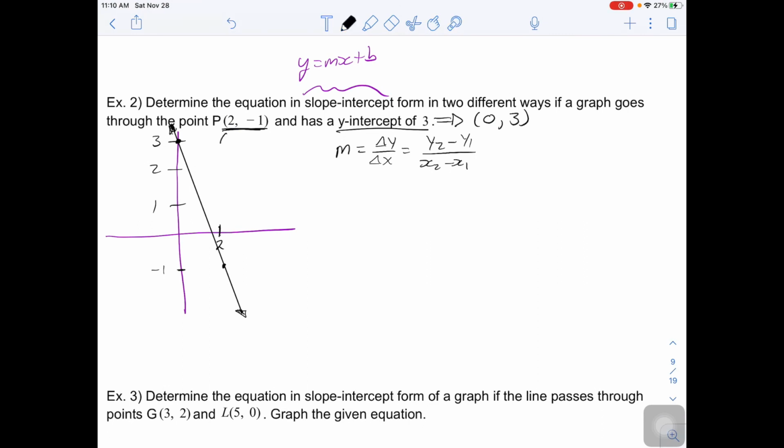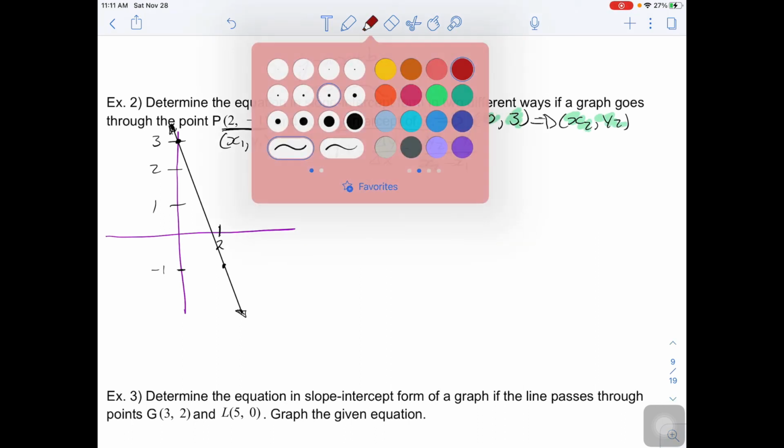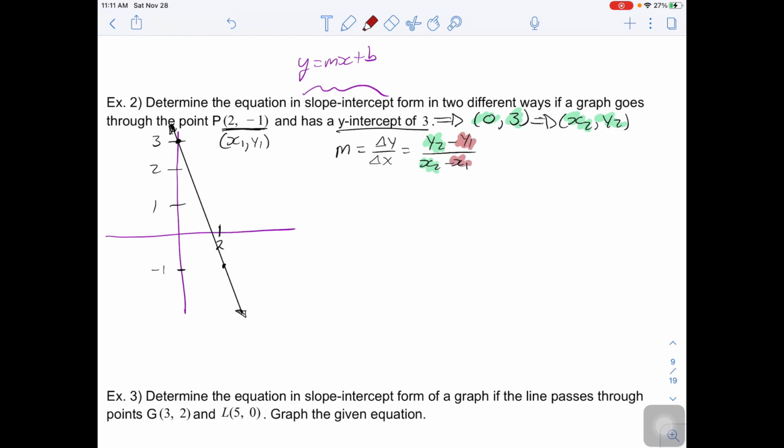I'm going to call this one x1, y1, and I'm going to call this one x2 and y2. And I'm actually going to plug it in for this. So y2 and x2 is found over here, which is 0 and 3. And then y1 and x1 is 2 and -1.